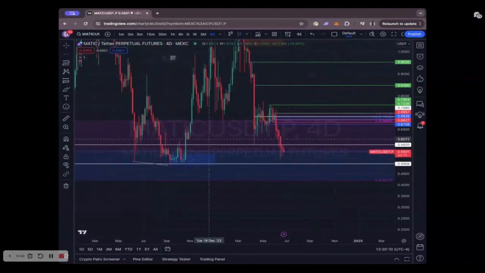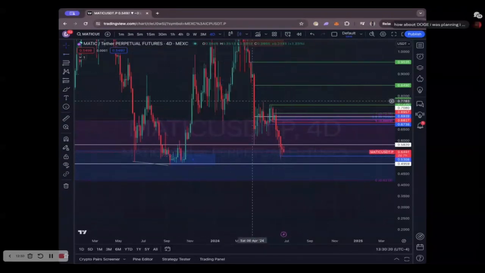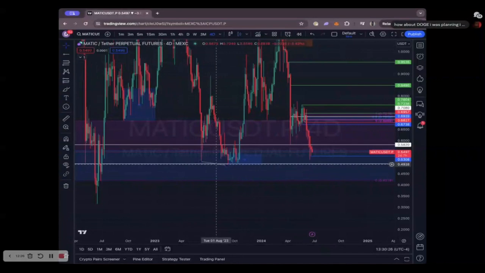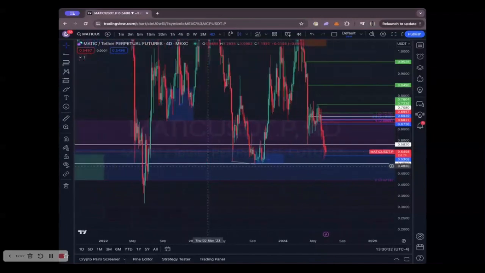This is pretty clean. I would still like to see another high time frame SMR here. But really, this is the OB that I would probably anchor against to start.